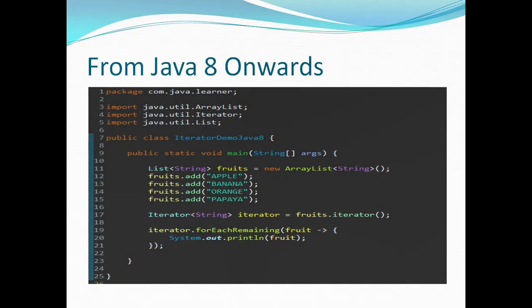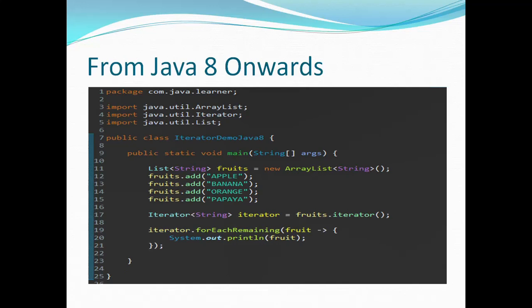Let's see how the forEachRemaining method simplifies this in Java 8. So in this example again, we have a list of strings and initialize the iterator. But this time, instead of a while loop, we are using the forEachRemaining method on the iterator reference and passing in a lambda expression.